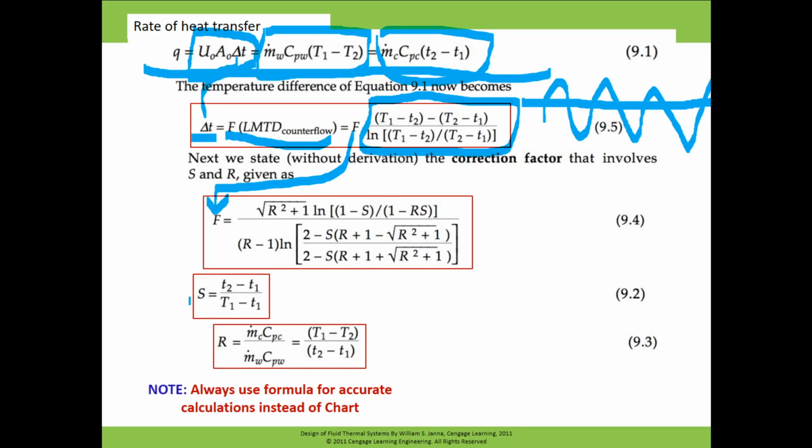S can be defined this way, and R is your capacitance ratio, that is m dot C and m dot W CPW, which means the capacitance of the cold fluid divided by the capacitance of the warm fluid. So you calculate S and R first, and then you can calculate the correction factor F, and then you substitute here to calculate the delta T, and then you can calculate the rate of heat transfer.